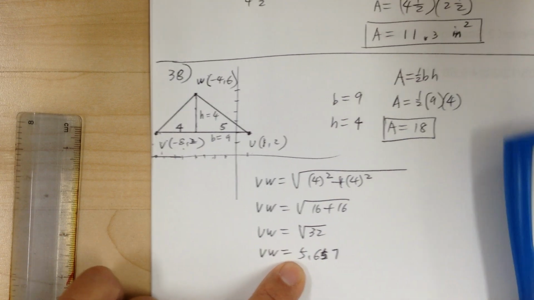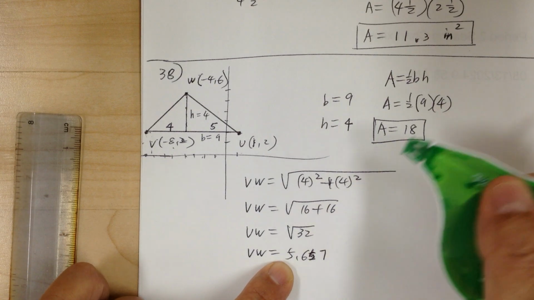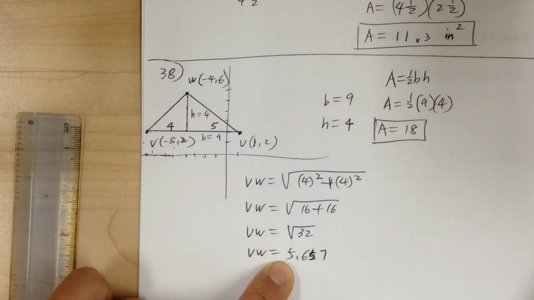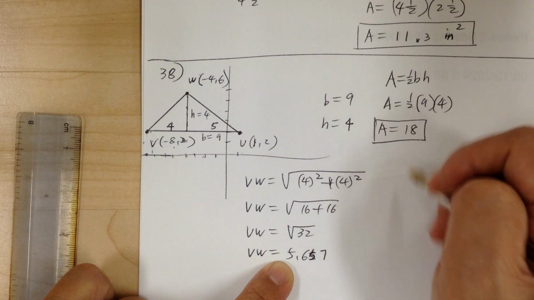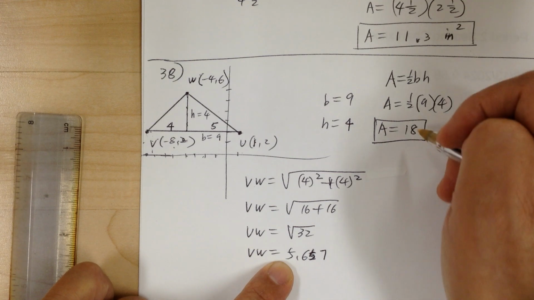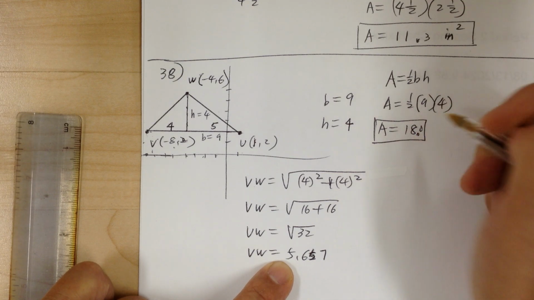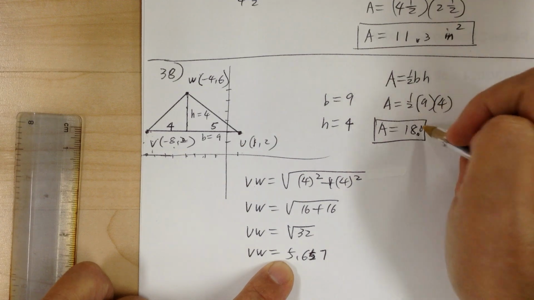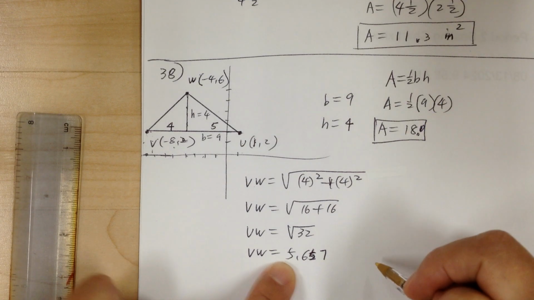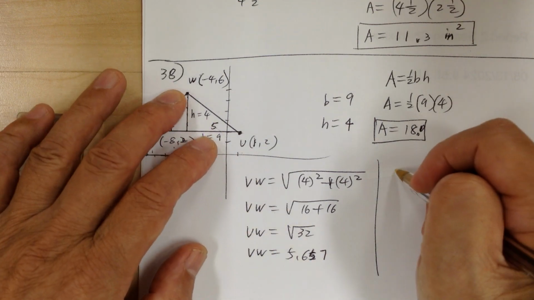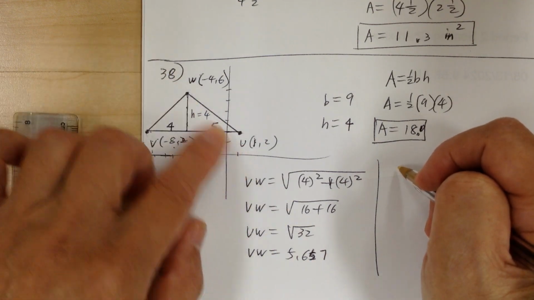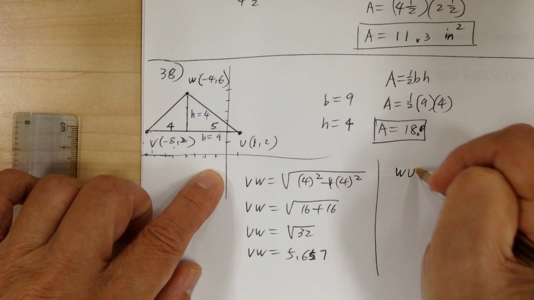You want to carry extra digits until the end, before you round off to one decimal place, before you round to the nearest tenth. So technically, to round to the nearest tenth, you have to carry extra digits until the end. So now let's do WU.